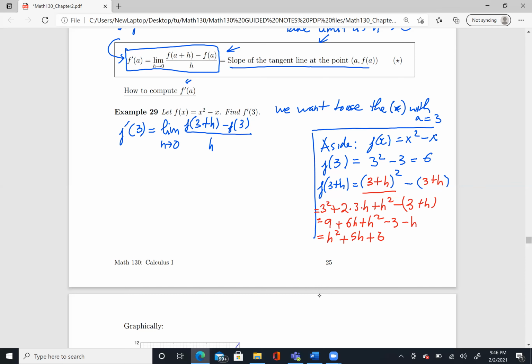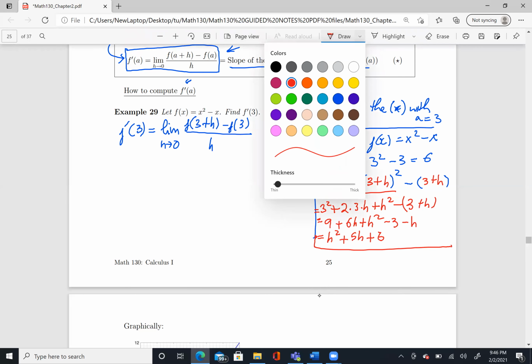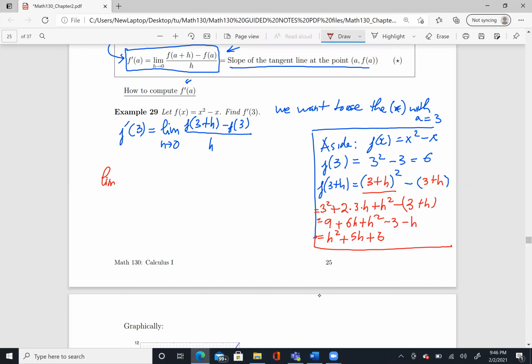So time to substitute this back into the limit over here. So I have the limit of f of 3 plus h, which is this guy, h squared plus 5h plus 6.